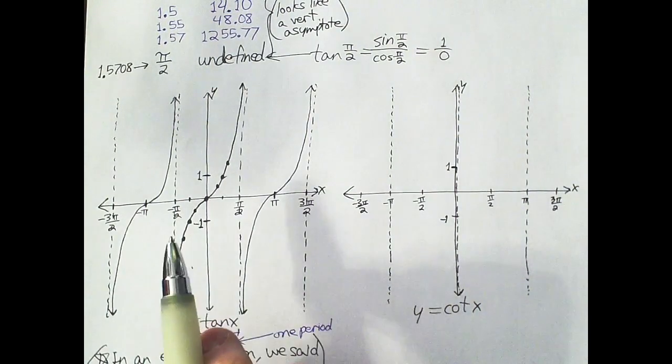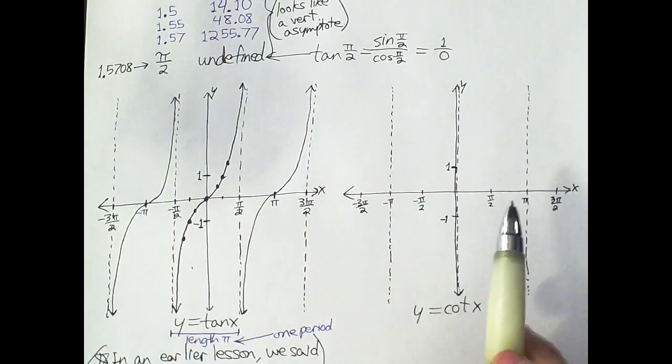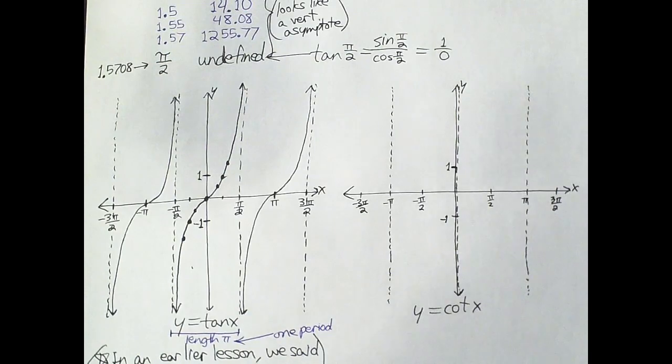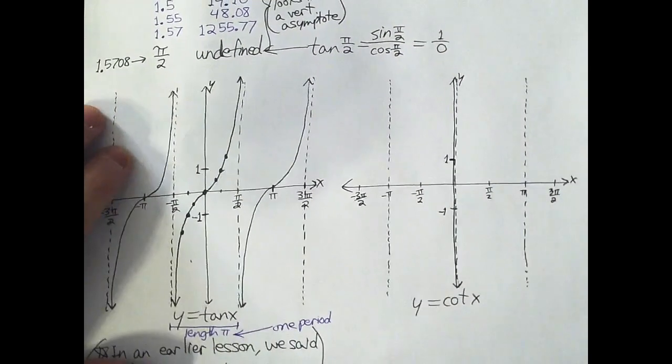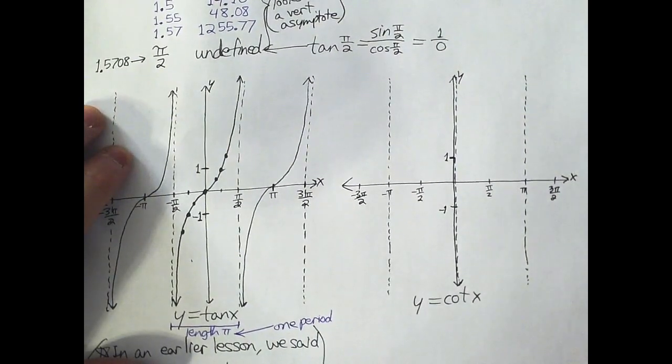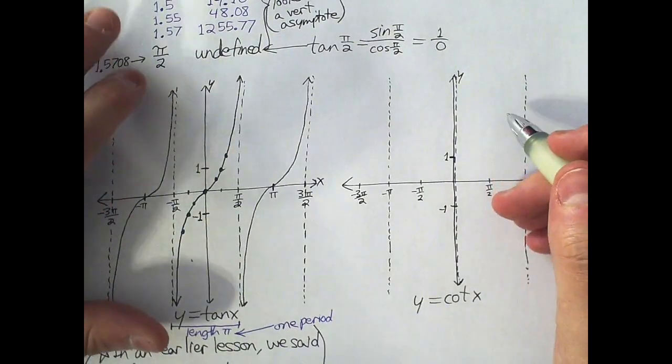So do you think it's going to kind of look like tangent, except it's going to be in here? Well, sort of. The main difference between tangent and cotangent is that it's like the x's and y's have been flipped. They are the reciprocal of each other, right? Tangent is y over x, cotangent is x over y. So they do have a similar looking curve, but flipped.